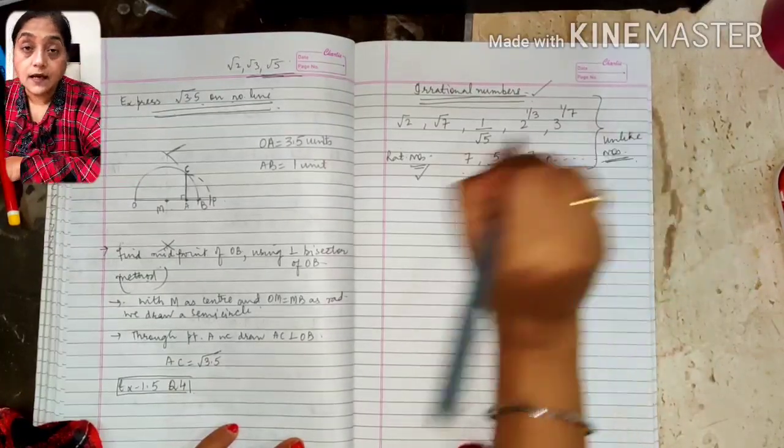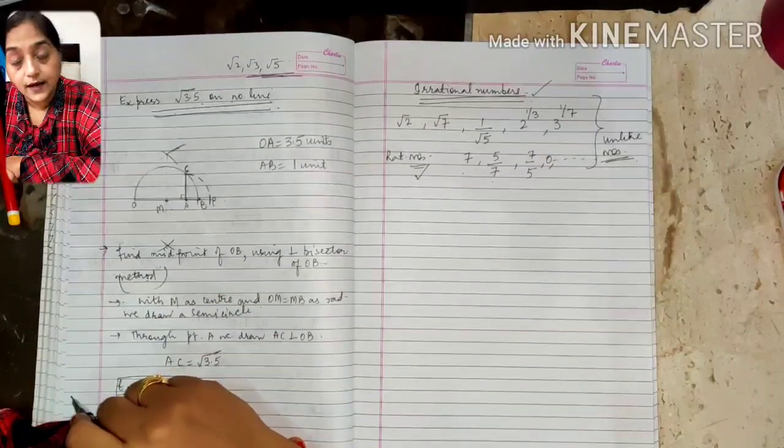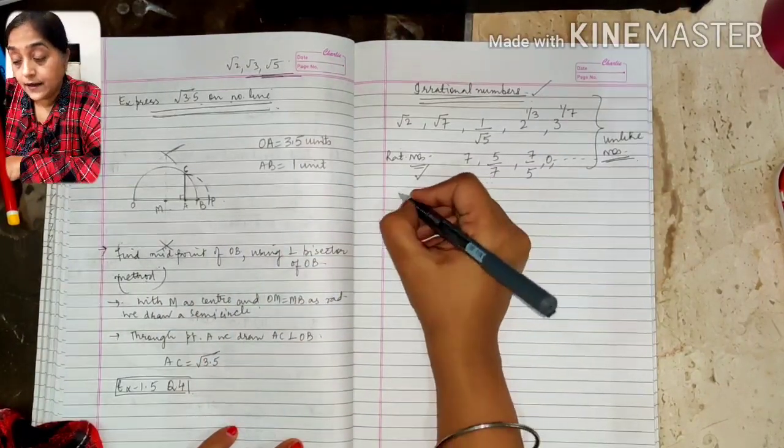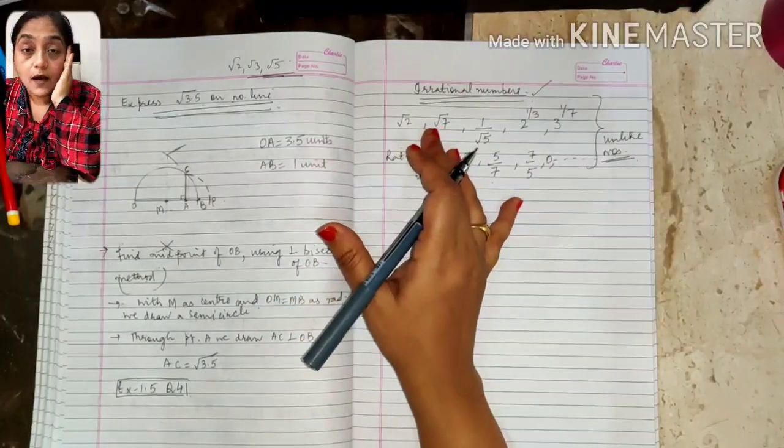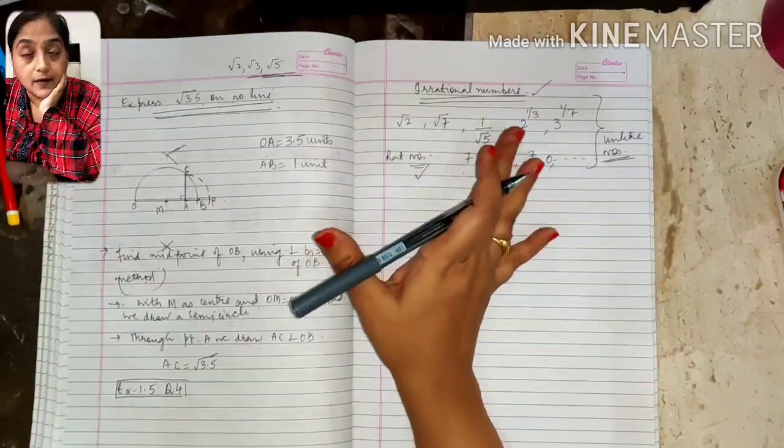Unlike numbers. Like you have done in classes 7th and 8th. We said in 7th and 8th, like terms can be added up, unlike terms can't be added up or subtracted.